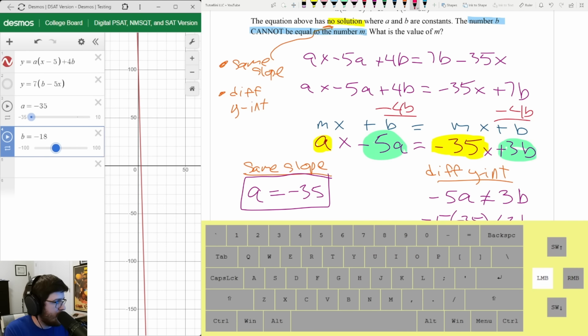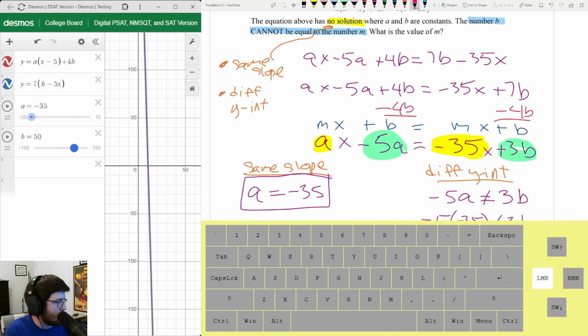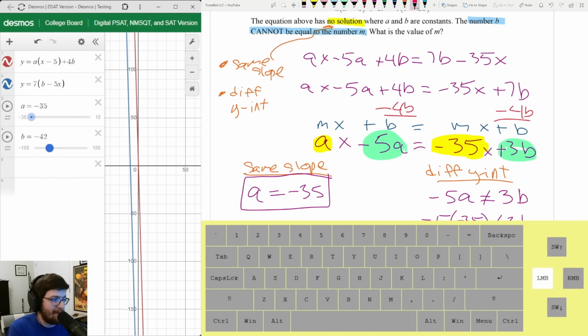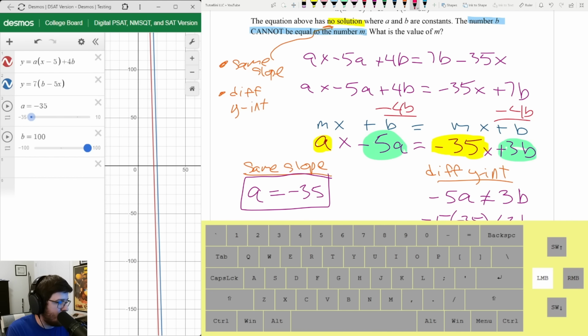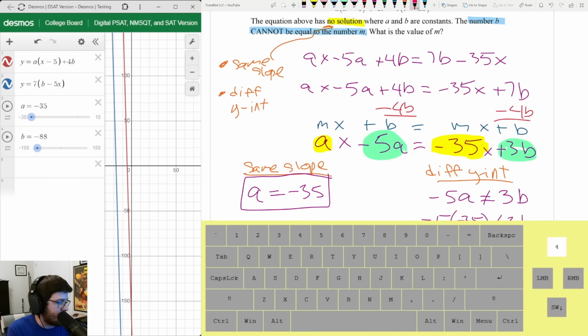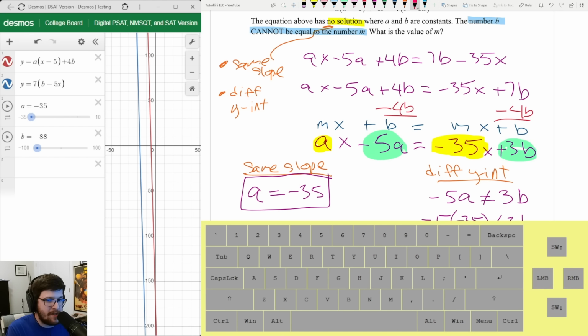And you'll see that pretty much whatever I make it, as long as it's not 175 over 3, they're going to be parallel, which means they have no solution. See, they don't cross anywhere in the XY plane. So it seems like we did a good job. Great. Let's keep going.